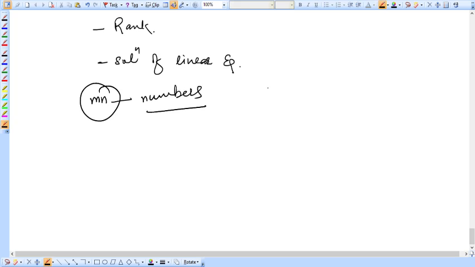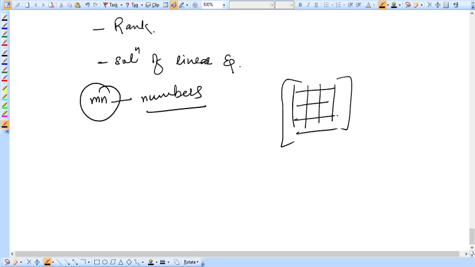You arrange these mn numbers into m rows and n columns. This matrix is said to have order m by n, where m represents the rows and n represents the columns.